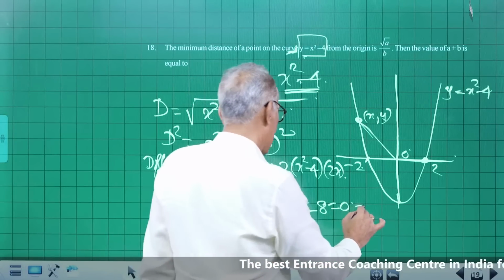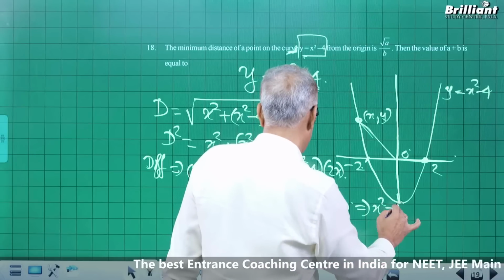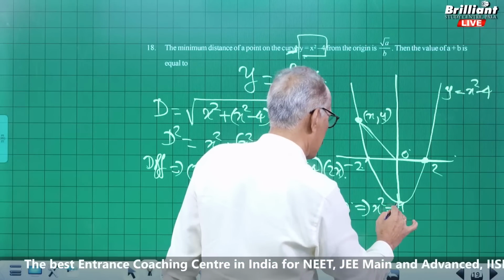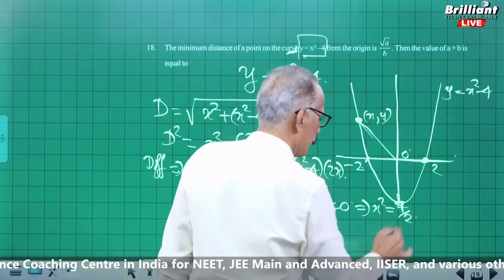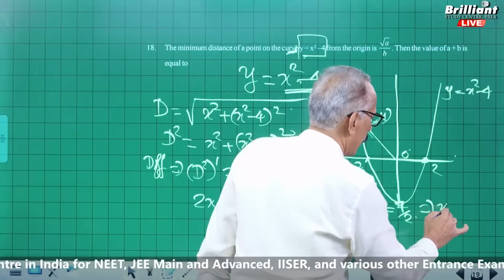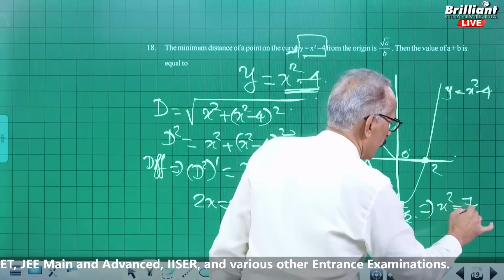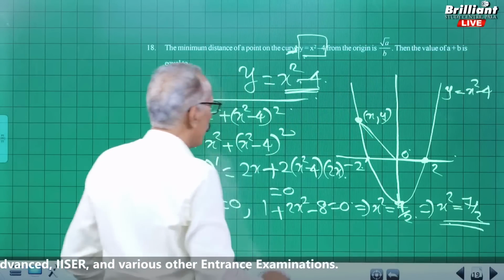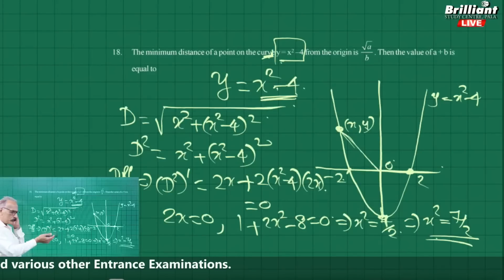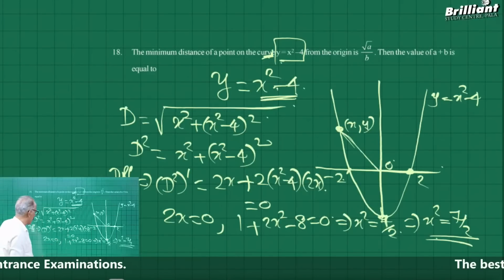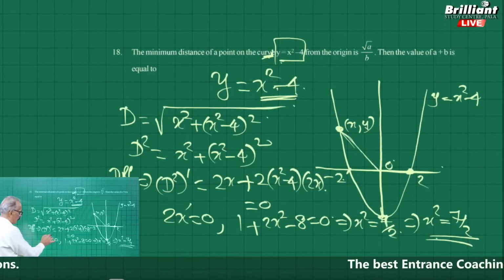That means x square is equal to 7 by 2. You know the second order derivative will become positive when you substitute x square is equal to 7 by 2. X equal to 0 is ruled out.